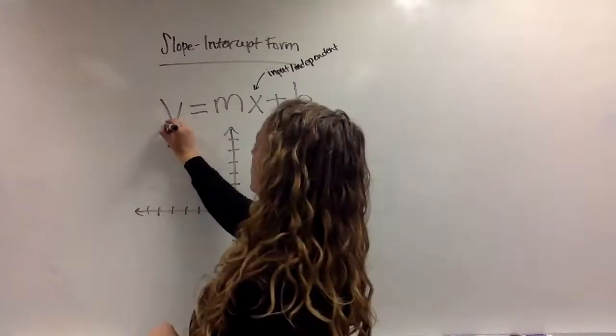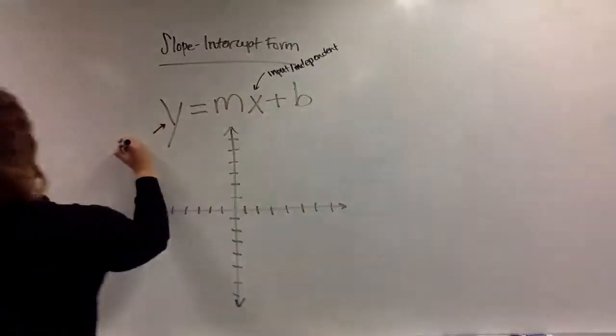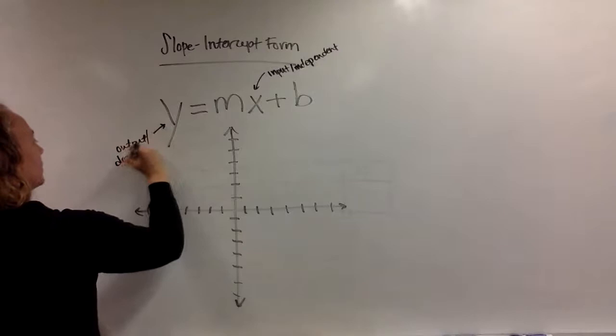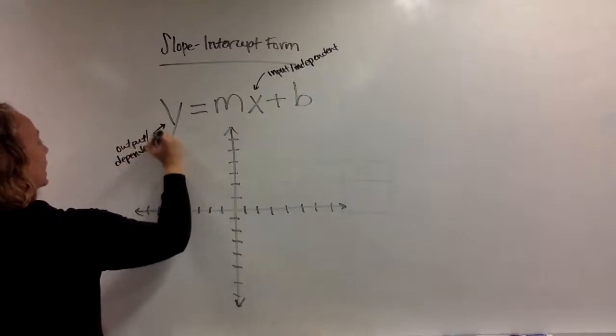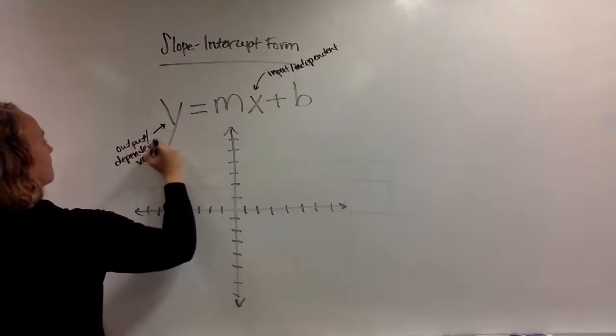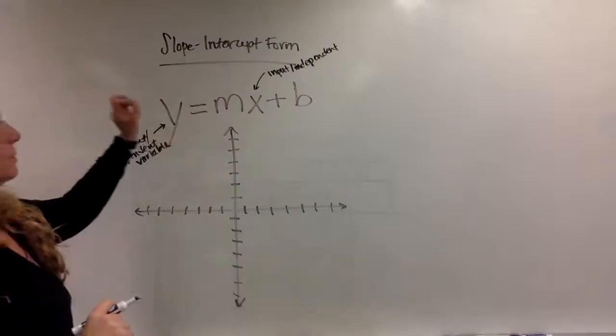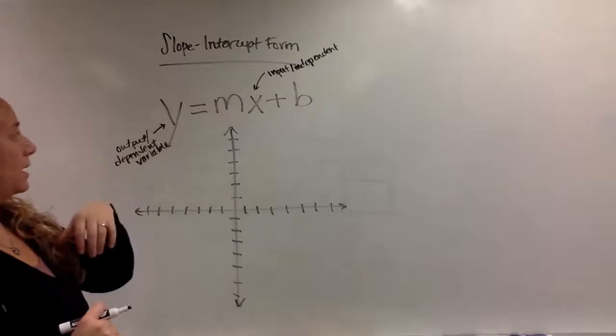If x is our input, we know y is the output, our dependent variable. Whatever I put in for x, I should be able to manipulate this equation to figure out what y is.